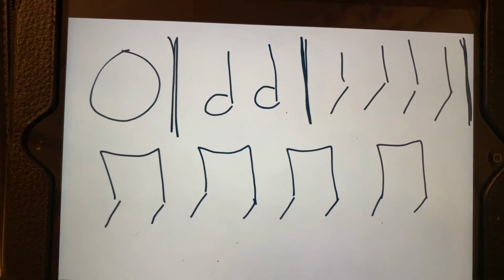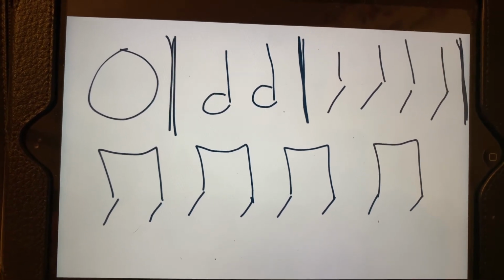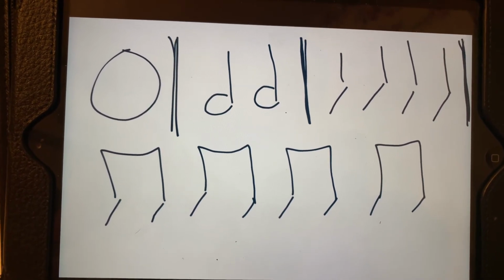So let's take this pattern and let's put it some way a little bit different. So we're going to add another page here, and let's just put some stuff together.